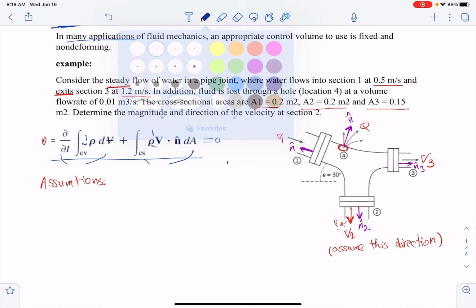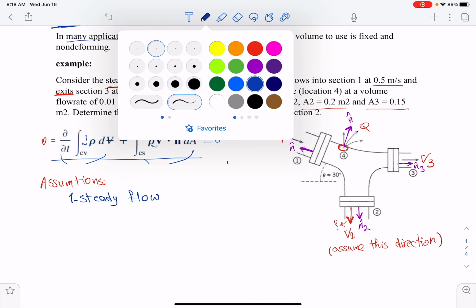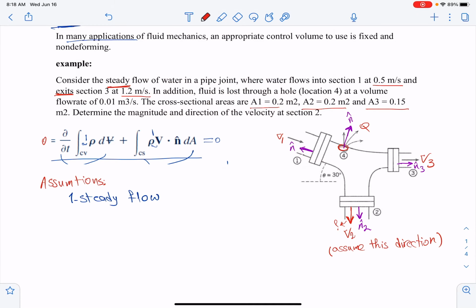Because it's a steady flow, this term right here, the derivative with respect to time, is going to be 0.